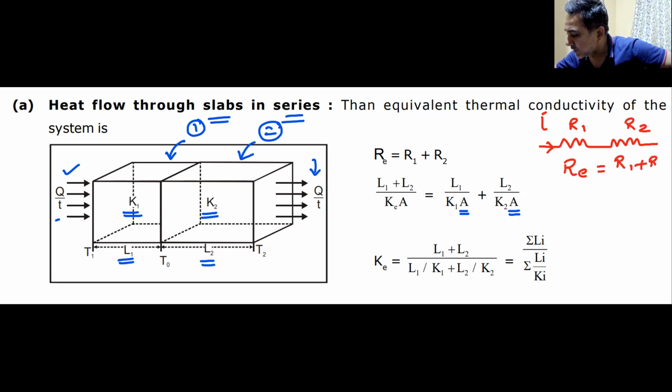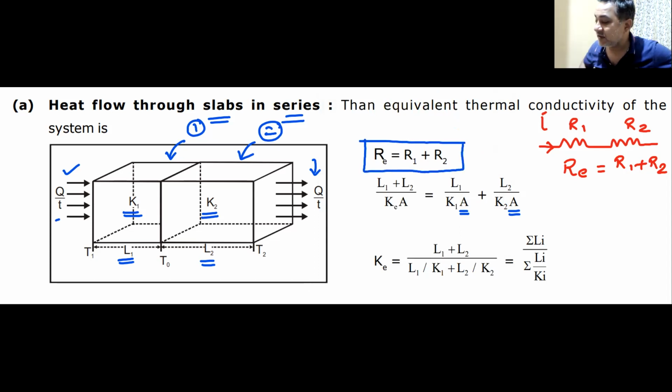The right hand side, the red one, is the electrical resistances in series. The left hand side is the thermal resistances in series, and the same formula applies here: equivalent resistance R1 plus R2.